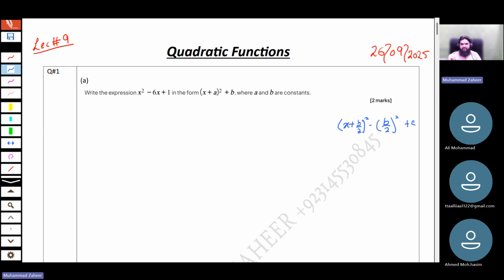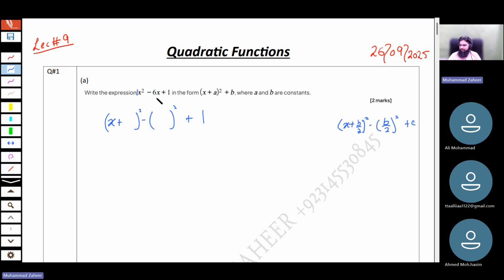For completing the square, the first step is that the coefficient of x squared must be 1. Here the coefficient of x squared is already 1.